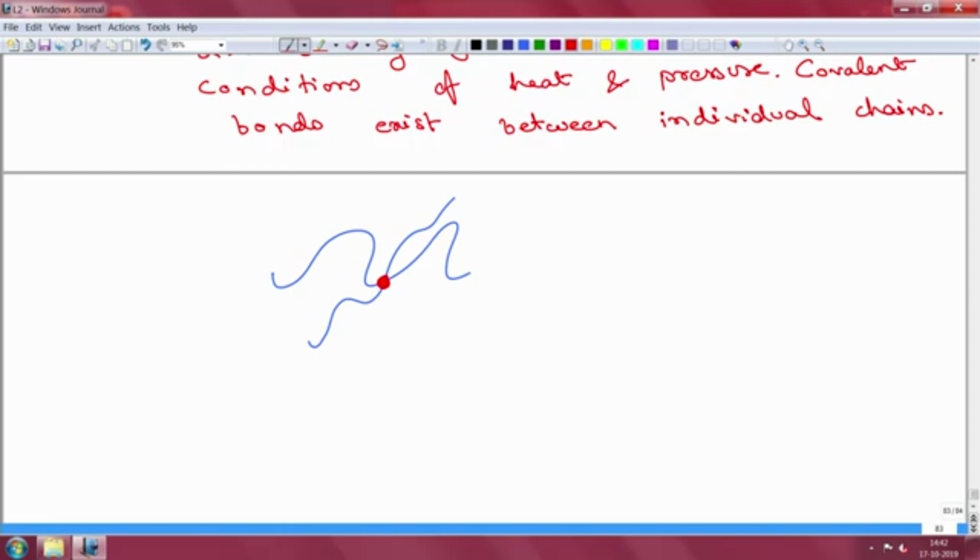If you have a secondary bond, you end up with a thermoplastic, because in that case the bonds are weaker and those bonds can be broken with less energy. Whereas, for the thermoset case, there exist covalent bonds between the different polymer chains, right. How many cross links, we have not said that.